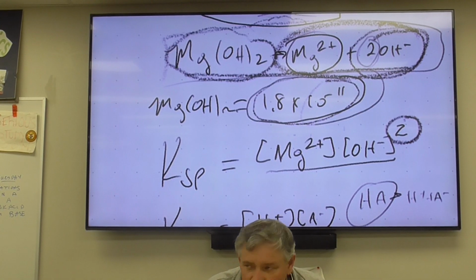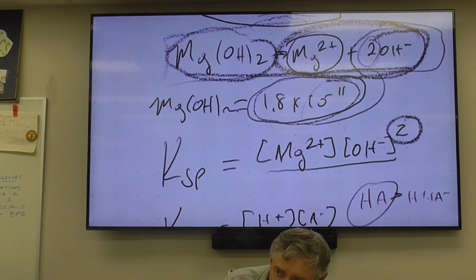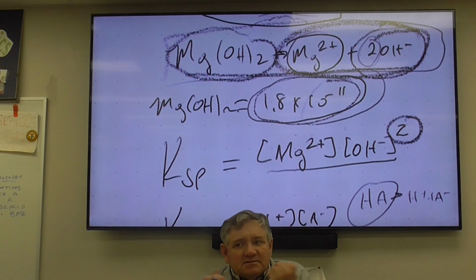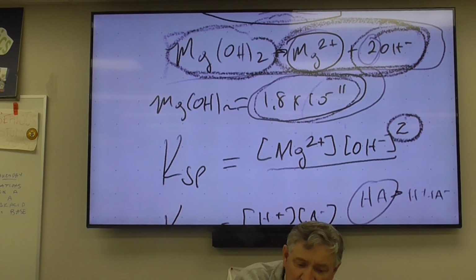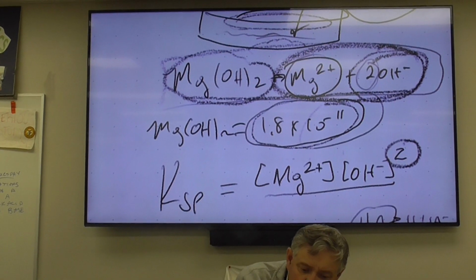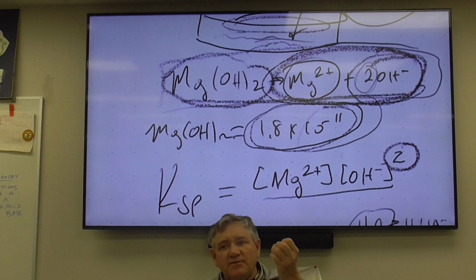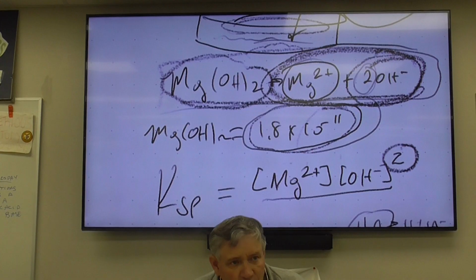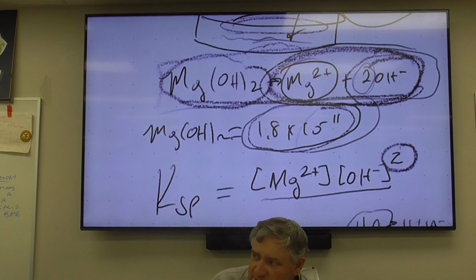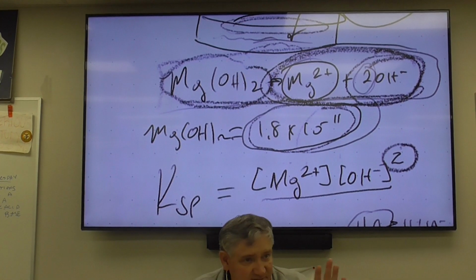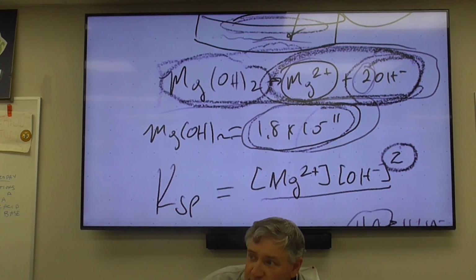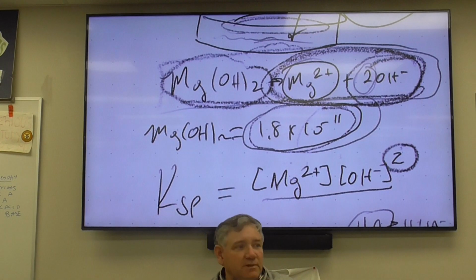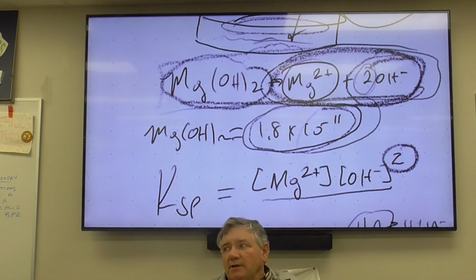There is no concentration of the magnesium hydroxide because it's the solid chunky stuff down at the bottom. So the only thing you have to worry about is the concentration of the ions. It's there, but it's not in the solution. It's just sitting there at the bottom of the beaker.